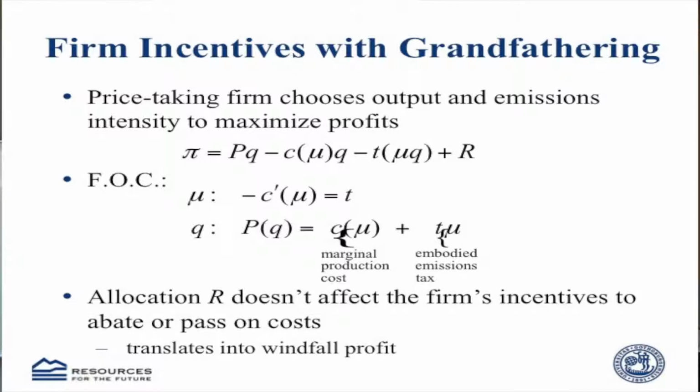So if you're raising the marginal cost, it raises the price that the consumers pay. And so these firms always have zero profits from production. So they don't lose money by having to pay more of the emissions tax.